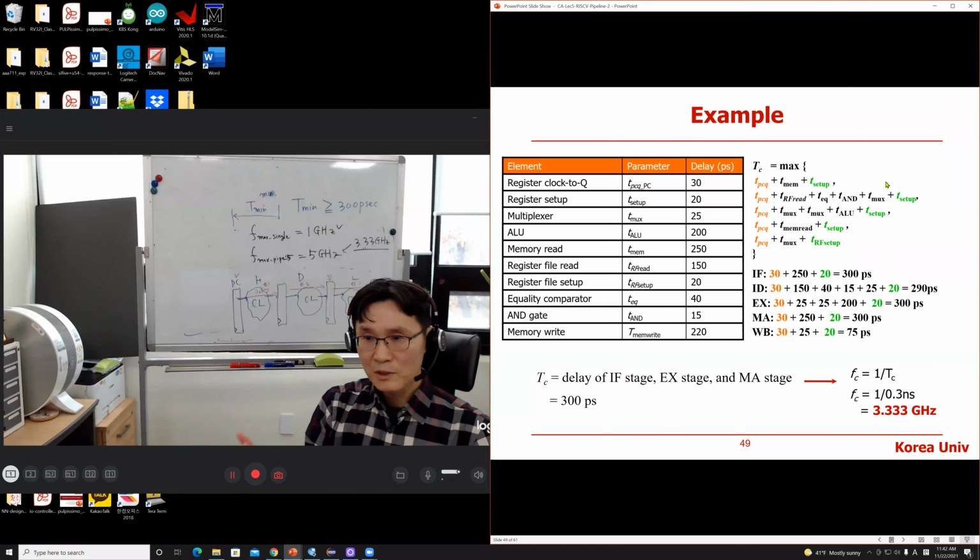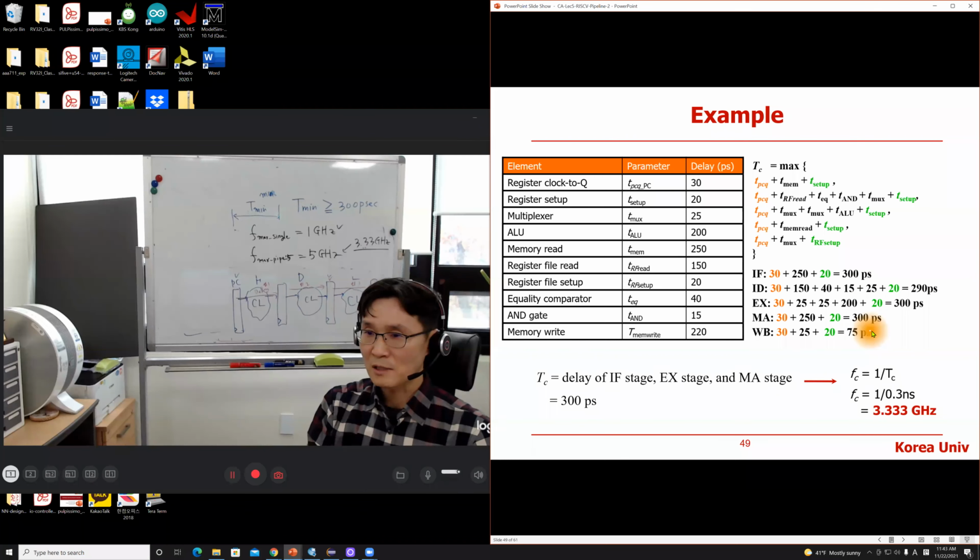You remember Rondon example? Balanced pipeline, unbalanced pipeline. What do you think? Is this balanced or unbalanced? Unbalanced, because the amount of time in each stage, compare the number. Different, right? 300, 290, 75. So numbers are different.